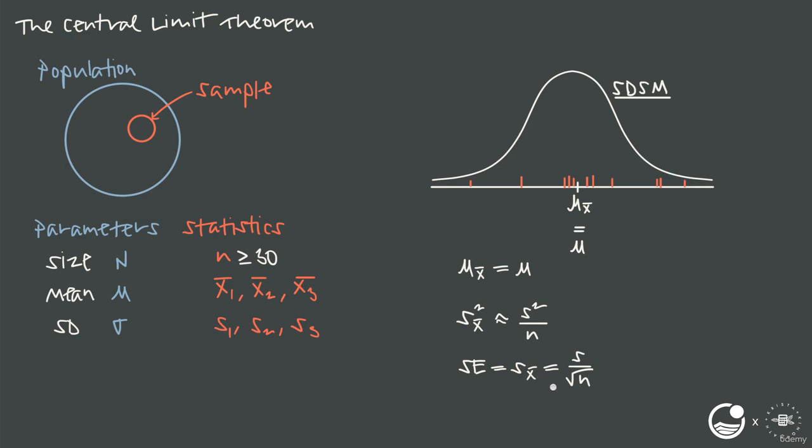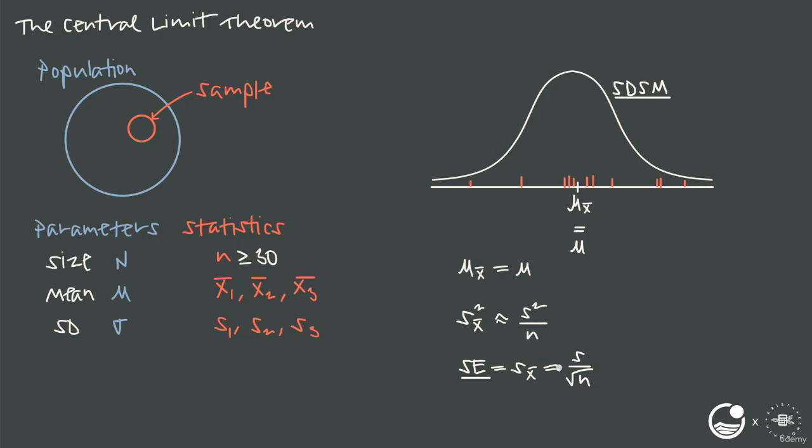And we write that standard deviation as the standard deviation with x bar here because it's the standard deviation of the sampling distribution of sample means. And specifically, this value is important enough that we give it a special name. We call it the standard error. In other words, the standard error is another name for the standard deviation of sample means, or the standard deviation of the sampling distribution of the sample means.